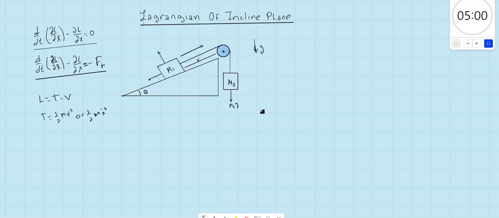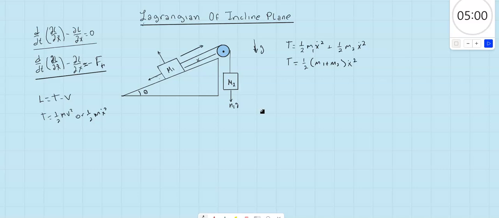The kinetic energy will be equal to 1/2 m1 x dot squared plus 1/2 m2 x dot squared, and simplifying, it will be 1/2 (m1 plus m2) times x dot squared.